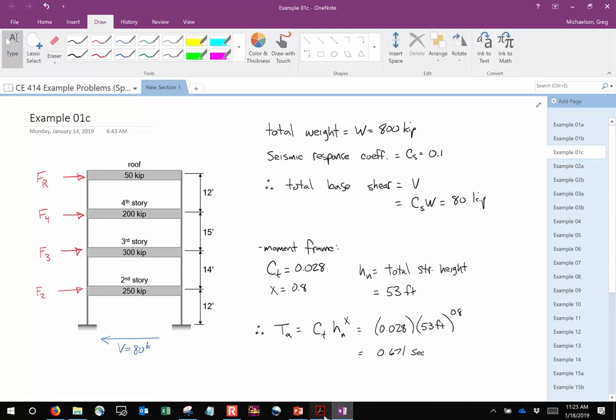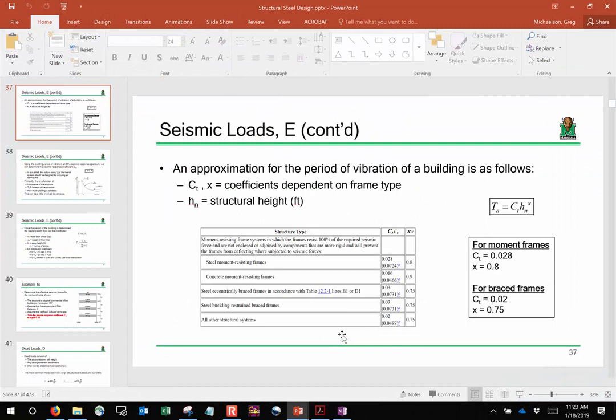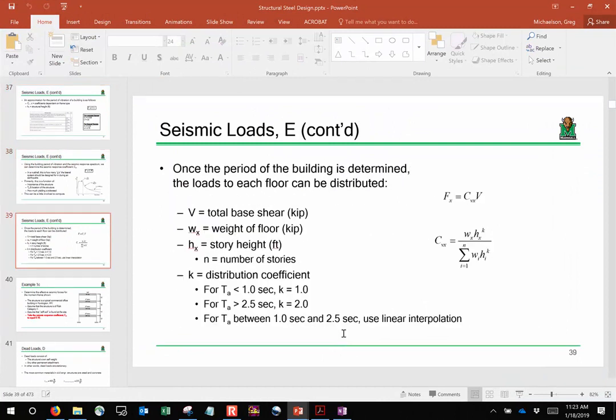Okay. Now I'm going to go back to the slideshow real quick. Here's our method of distribution. So we need the weight of each story, the story height. That's pretty easy. But we do need this term k. This term k is a distribution coefficient. So what is our distribution coefficient going to be for this problem? One.